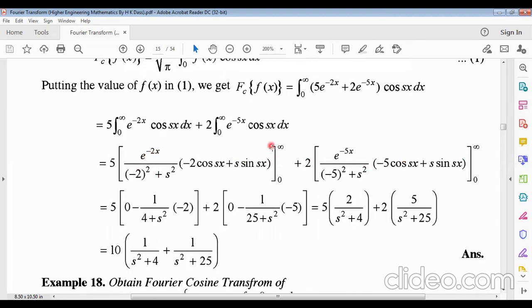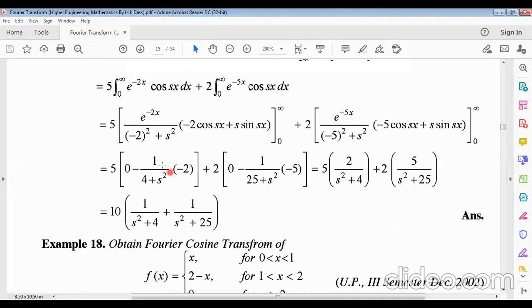Now putting upper limit and lower limit, we get this as in the before example. Similarly, putting upper limit and lower limit, we get this one. So e to the power minus infinity means 1 by e to the power infinity, 1 by infinity, 1 by infinity means 0. So the upper limit will give 0. So putting 0, e to the power 0 means 1, and 1 divided by this.